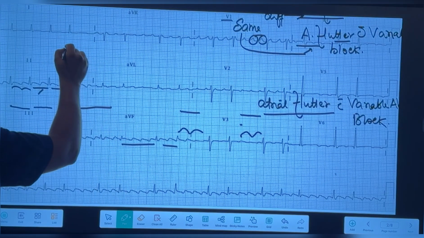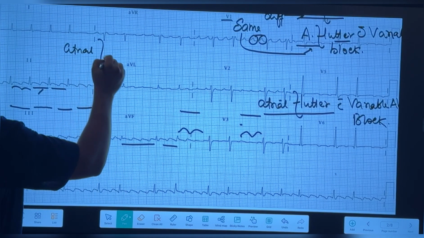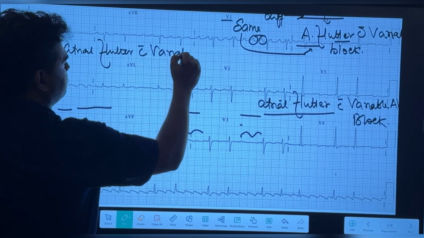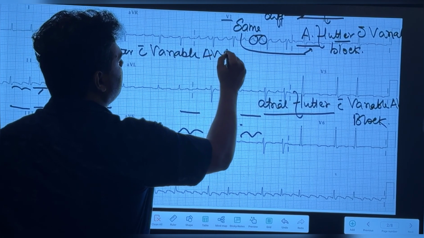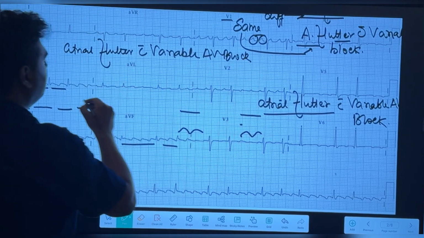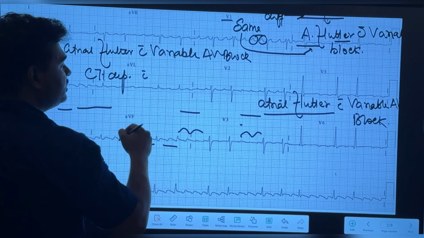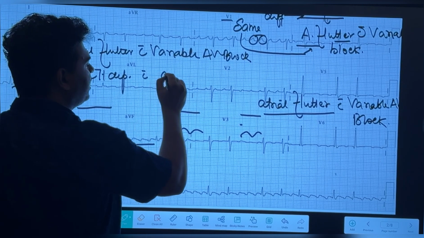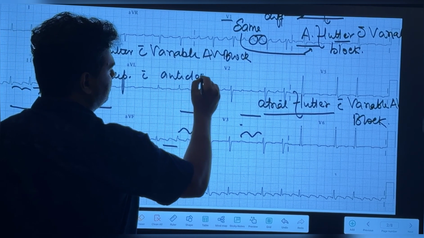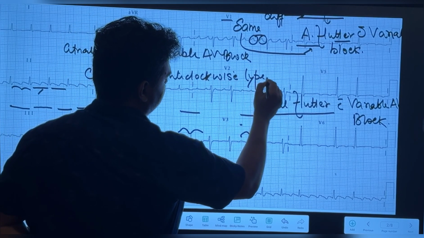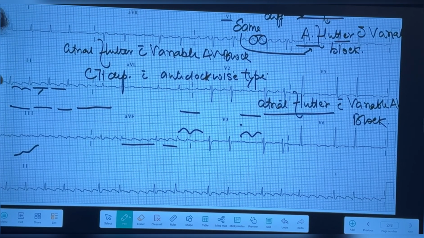So what we'll say is that it is an atrial flutter with variable AV block, CTI dependent, and among CTI dependent, which is counterclockwise. So always go through that algorithm.